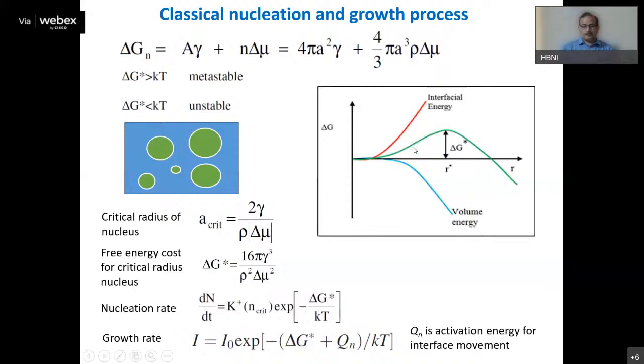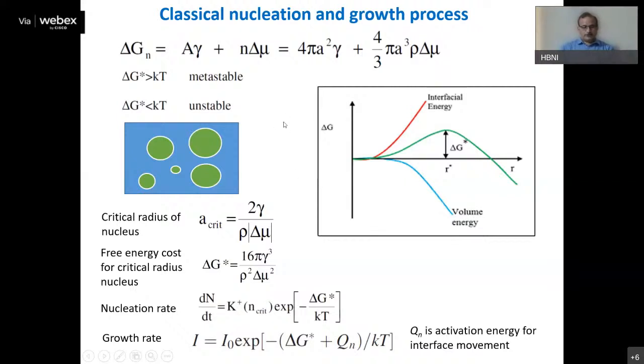So all the nuclei which are formed with radii below R star will perish. Whereas there will be nuclei which have a radius higher than this critical radius, they will fall in this region. And as they grow, the Gibbs energy decreases, so the thermodynamics supports the growth of this kind of nuclei.